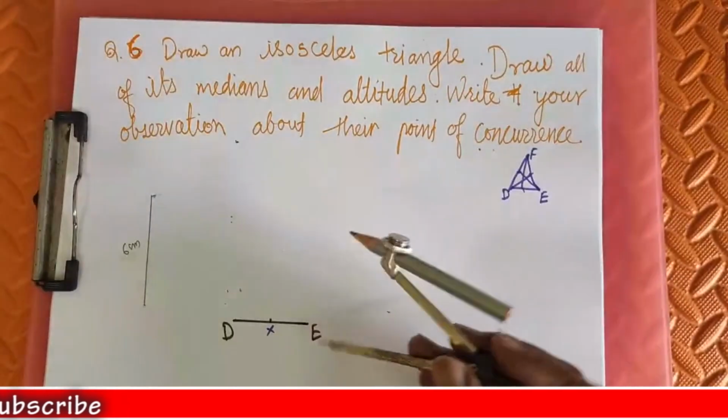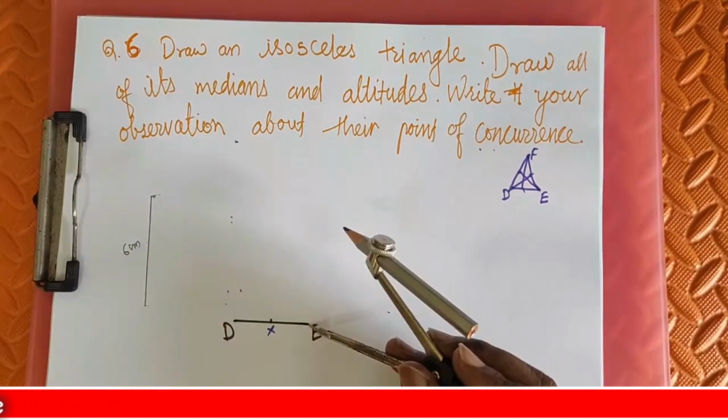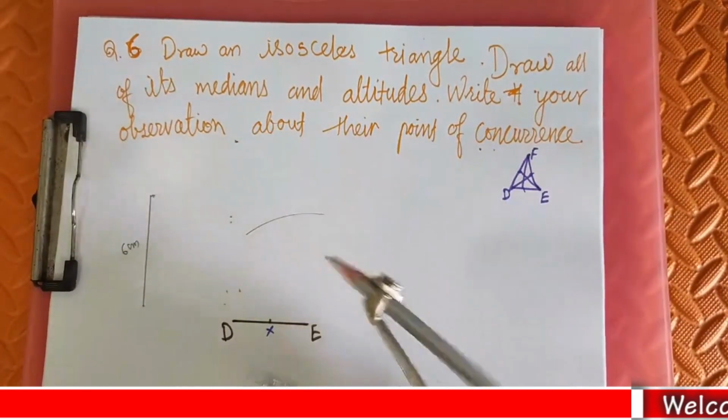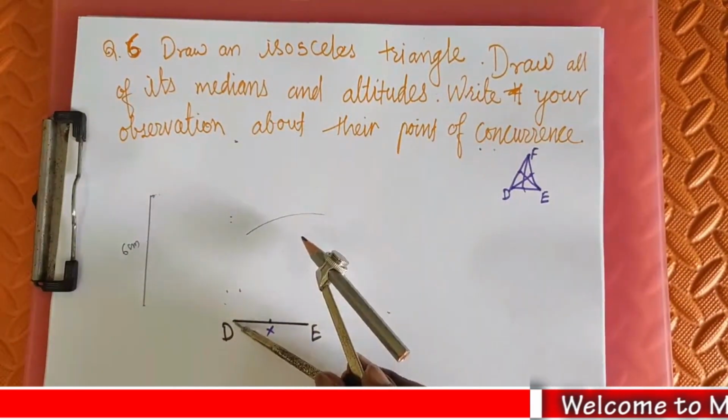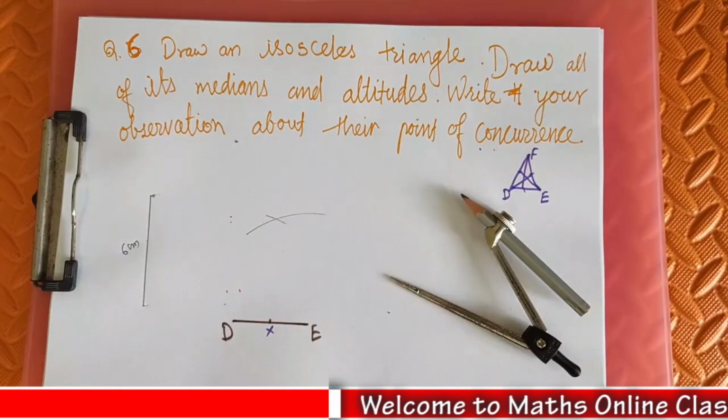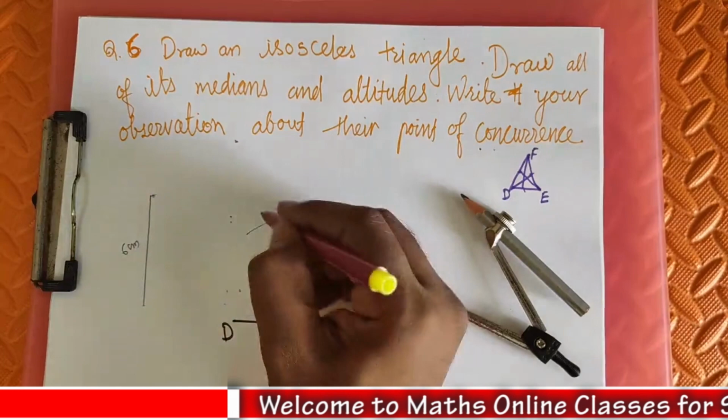I will keep it on point E. I will draw one arc. Now I will keep it on point D. I will intersect this arc. I will get point of intersection F.